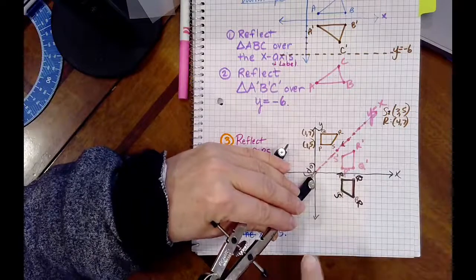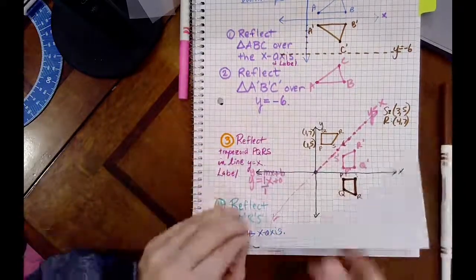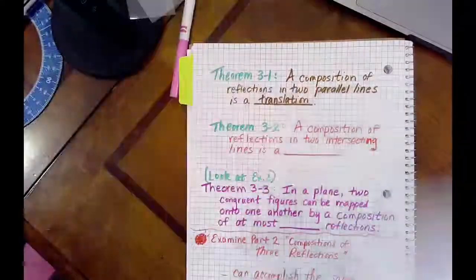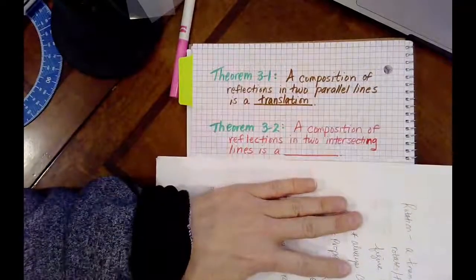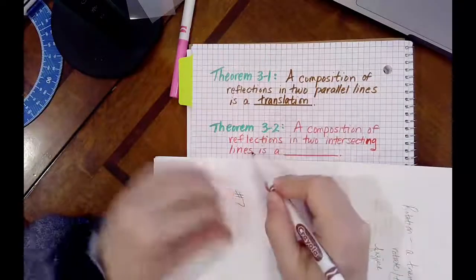So this is the basis of our next theorem: a composition of reflections in two intersecting lines.